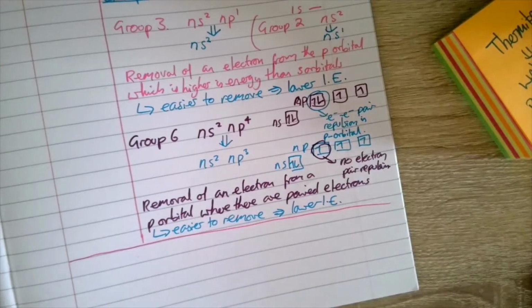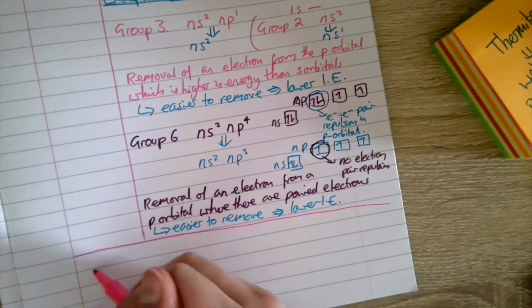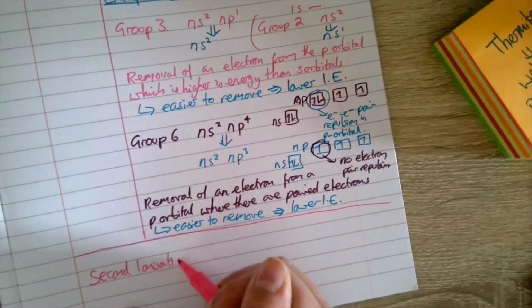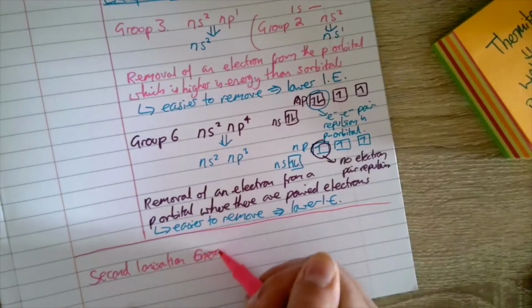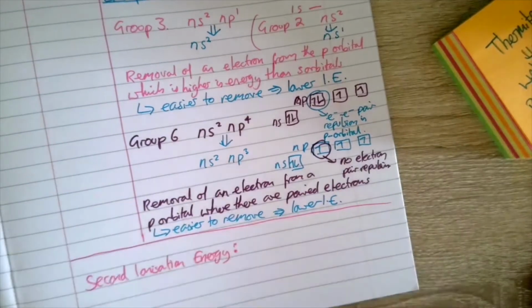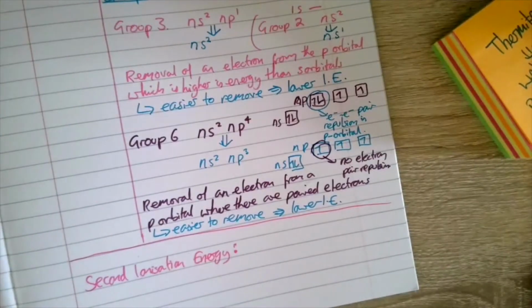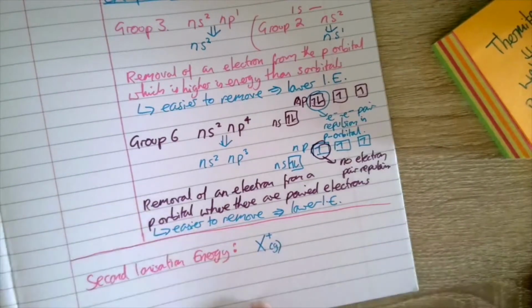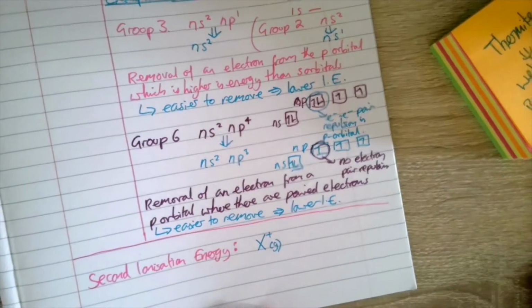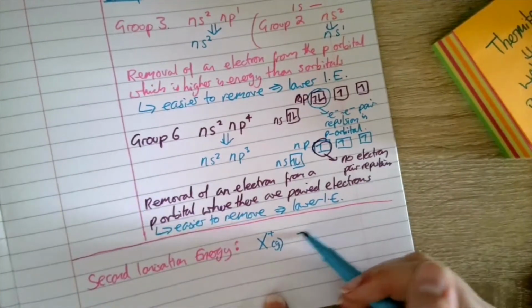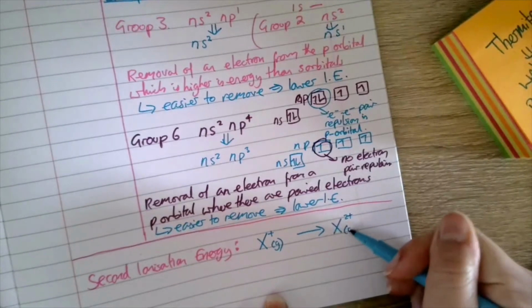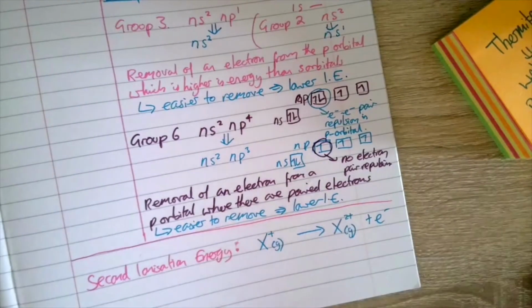The final thing I want to talk about is our second ionization energy. If we think about the process, we've already done one, so we're starting out with a mole of gaseous ions with a +1 charge. To remove another electron, we're then going to be forming a 2+ ion and a mole of electrons separated.